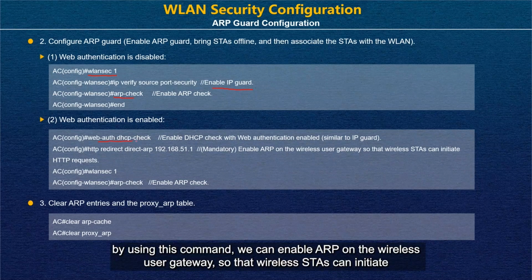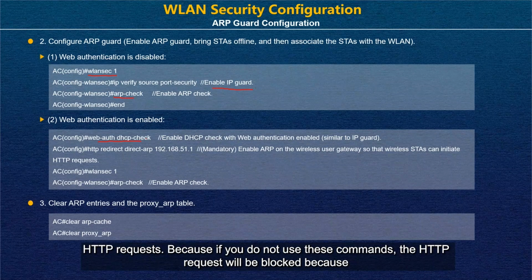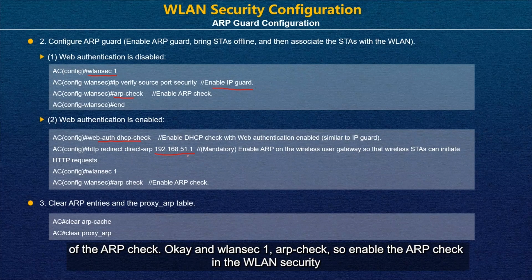By using this command, we can enable ARP on the wireless user gateway so that wireless STAs can initiate HTTP requests. Because if you do not use this command, the HTTP request will be blocked because of the ARP check. Okay, and wlan-sec1 arp check.